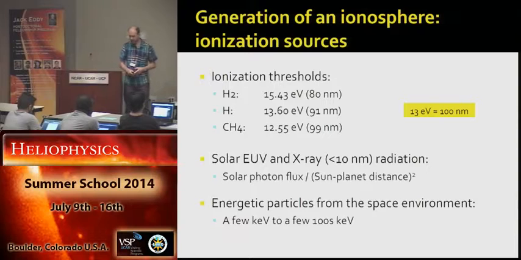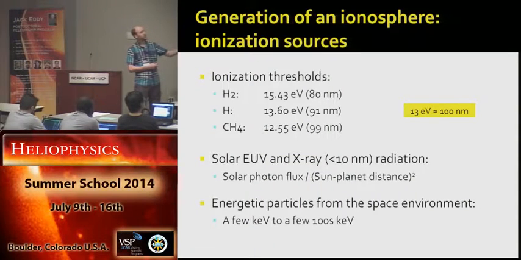So the first thing we need to do is to generate ionization in the ionosphere. And to do that, we have to ionize the main constituents: molecular hydrogen, atomic hydrogen, and methane. So here I've shown the ionization thresholds for those constituents, 12 to 15 eV, or alternatively, approximately all the ionization in the giant planets is for photons less than 100 nanometers wavelength.